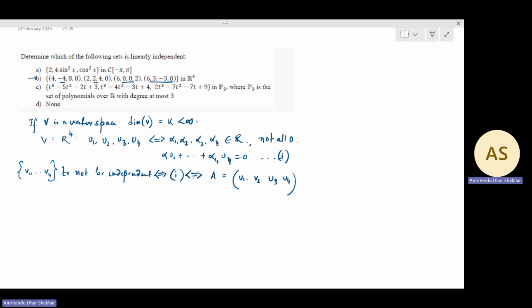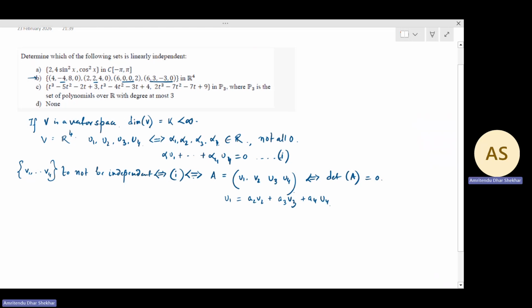And what this means is that the determinant of A is going to be equal to 0. Simply because, assume without loss of generality that you can write V1 as equal to some A2 V2 plus A3 V3 plus A4 V4.